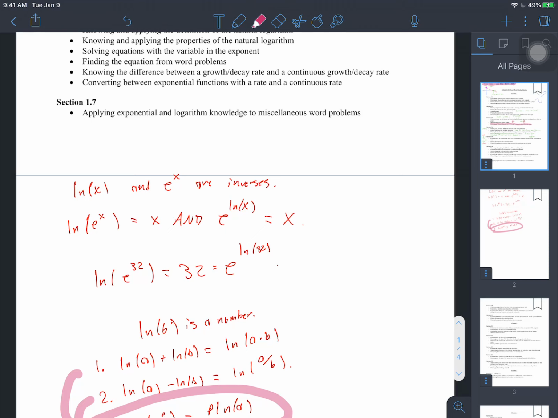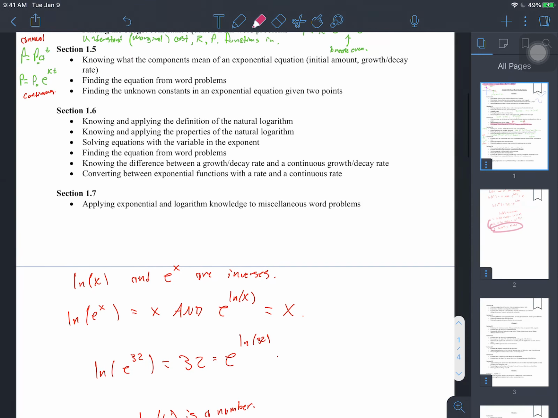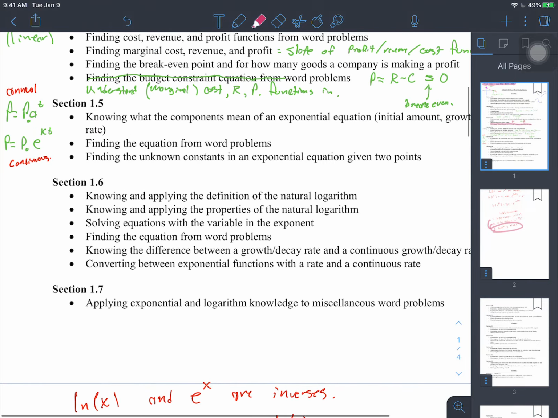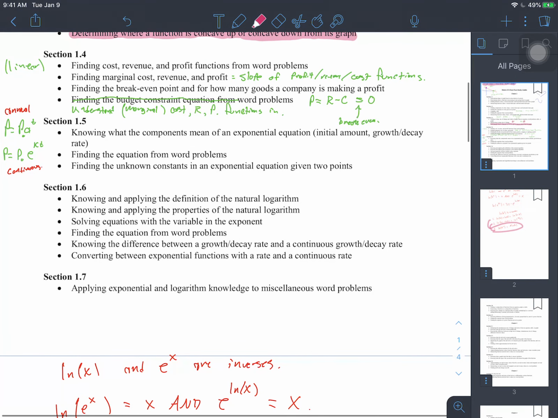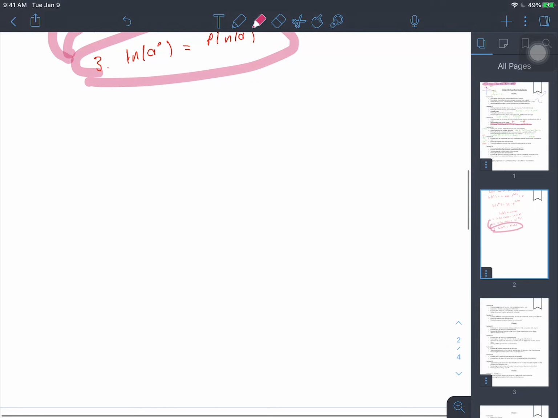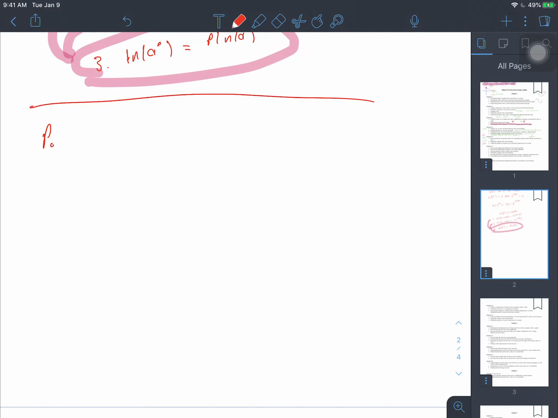So we should know how to do word problems with logs. We should know the difference between growth and decay rates and continuous growth and decay rates. In particular, we have these two situations. We have P equals P naught e to the kt, where in this case the rate is k times 100%.